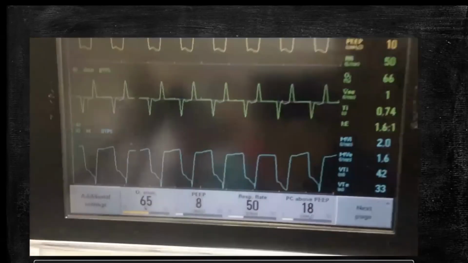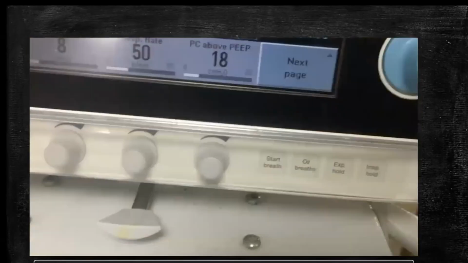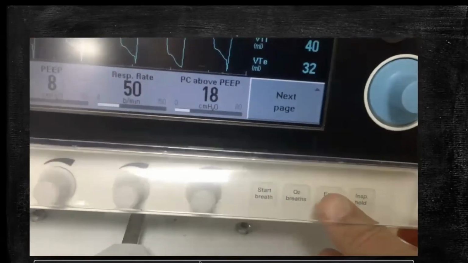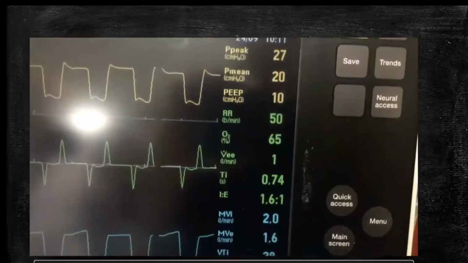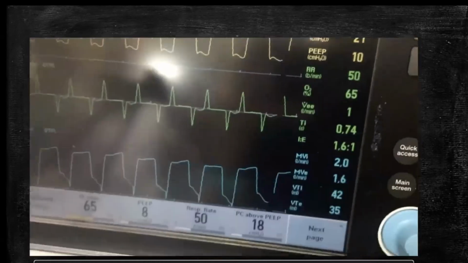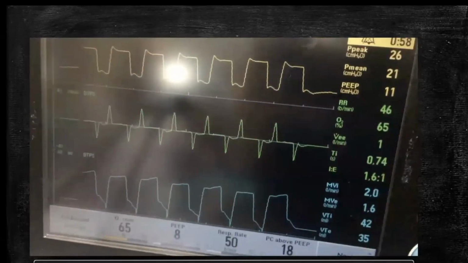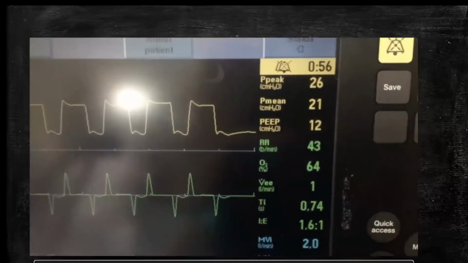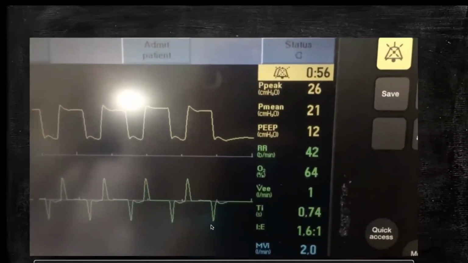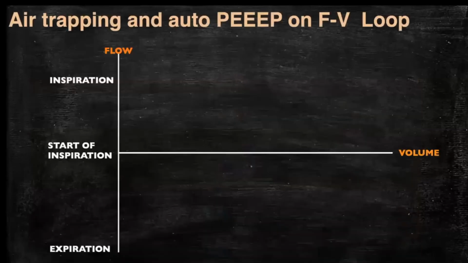And when we apply an expiratory hold for a few seconds, and then we look, we have this PEEP of 12 after applying expiratory hold. Set PEEP was 10, and then actual PEEP is 12. So there is an intrinsic PEEP of 4. So we have an auto PEEP in this particular situation, and that's how we measure the auto PEEP.